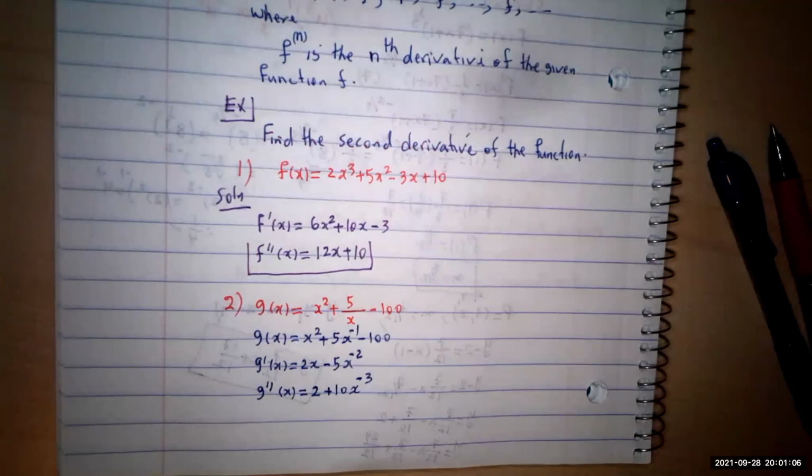Any question? So that is the idea of section 2.6, the higher derivatives. That will take us to one more section. We have 2 more sections in this chapter to finish it, so we go to 2.7.